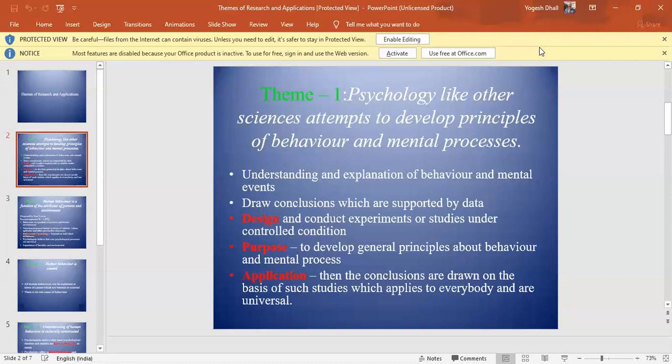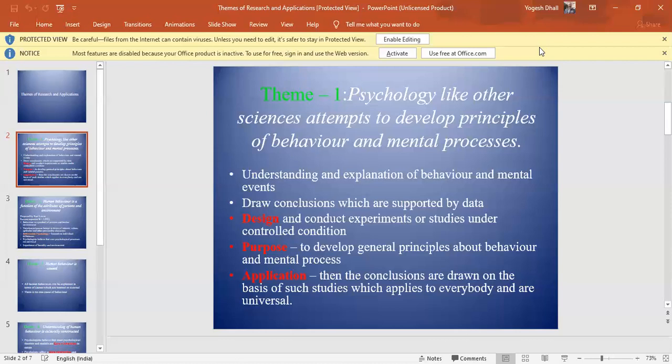And next point is application, means then the conclusions are drawn on the basis of such studies which apply to everybody and are universal. And whatever conclusions or results are drawn by the study, that should be universal, means it should be applicable to everyone.